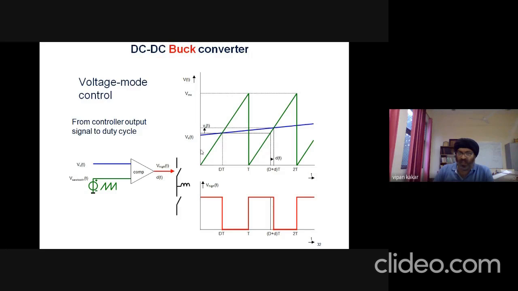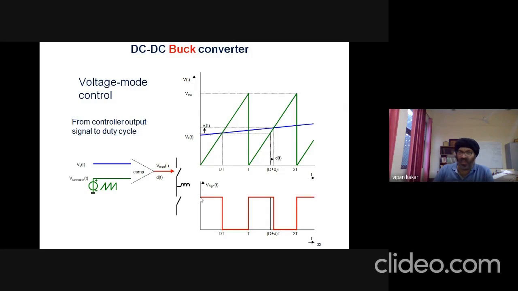So let's start from here. From this point, from 0 to dt, this VCT, which is blue color, when we compare this VCT with this sawtooth waveform, we can see that this VCT is larger compared to this sawtooth, which is V sawtooth, from 0 to dt.